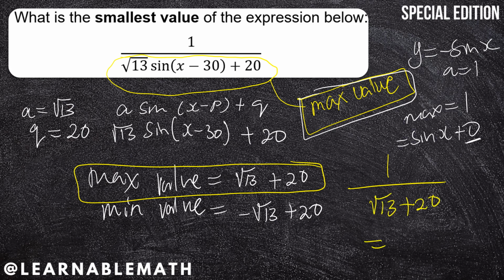This will result in the smallest value possible. You can just use a calculator to write it as a decimal. The smallest value possible will be 0.04236. That will be the smallest value of that expression.